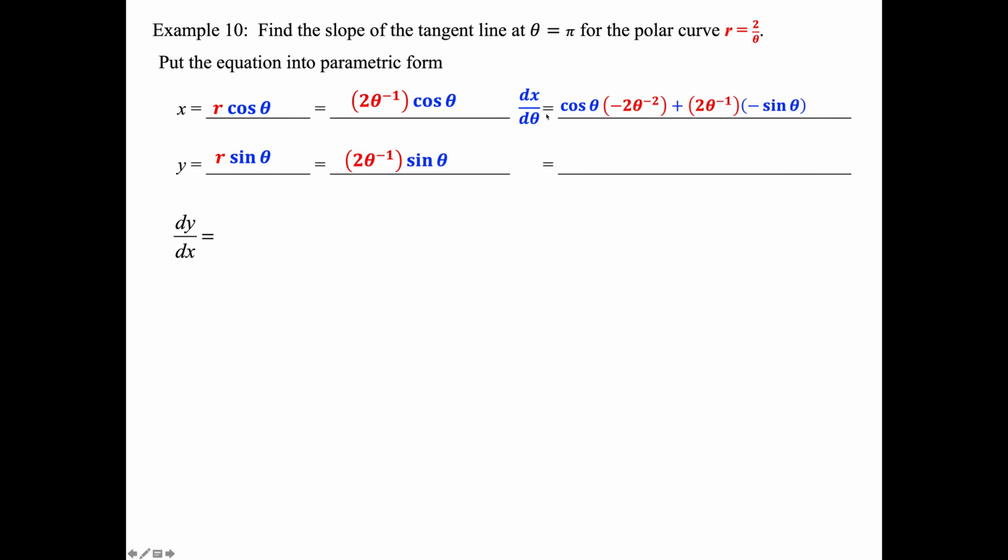But my dx over d theta is cosine theta times the derivative of 2 theta to the negative 1. Bring down the negative 1. That's the negative 2. Minus 1 from the negative 1 makes it negative 2. All right, plus 2 theta to the negative 1 times the derivative of cosine theta, negative sine theta.